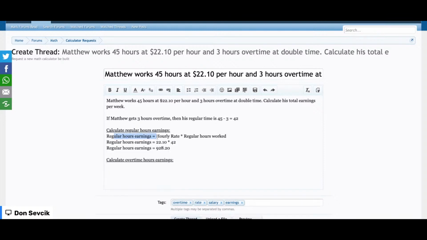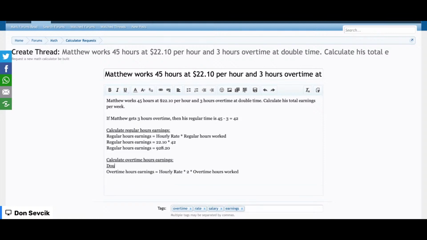Now we want to calculate overtime hours earnings. We have hourly rate times 2 times overtime hours worked. Why do I say 2? Double time.